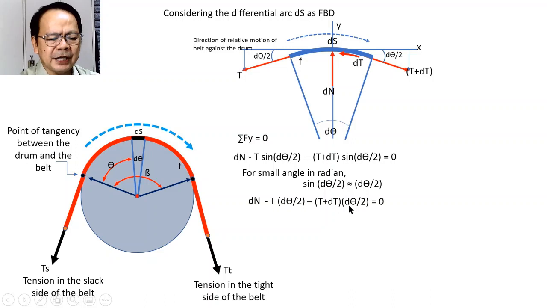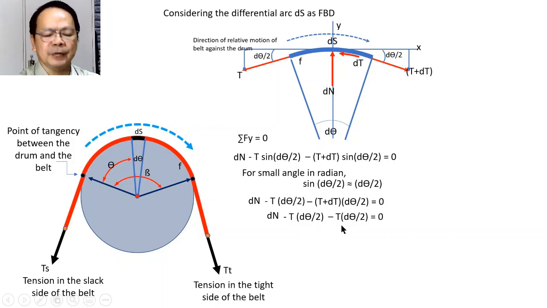If this d theta over 2 is distributed to the terms inside T plus dT, then the product of the two small quantities, dT multiplied by d theta over 2, will be approximately equal to 0. Hence, the equation can be simplified further into dN minus T multiplied by d theta over 2 minus T multiplied by d theta over 2 equal to 0.